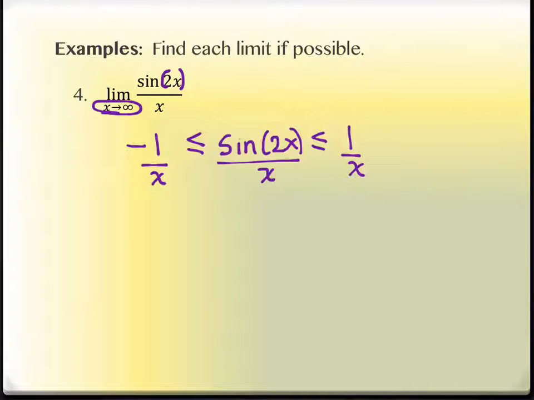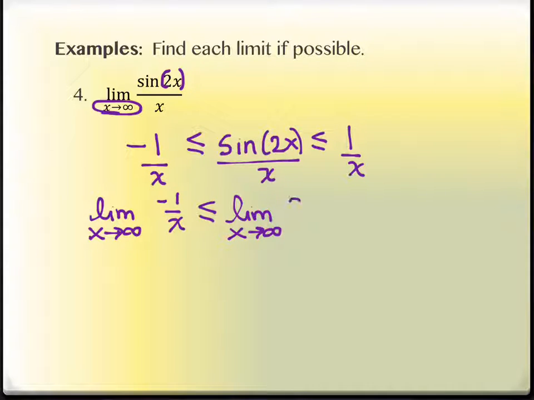So we're going to do the limit as x approaches infinity of -1 over x, and we know that has to be less than or equal to the limit as x approaches infinity of sine of 2x over x, which is less than or equal to the limit as x approaches infinity of 1 over x. All good so far?